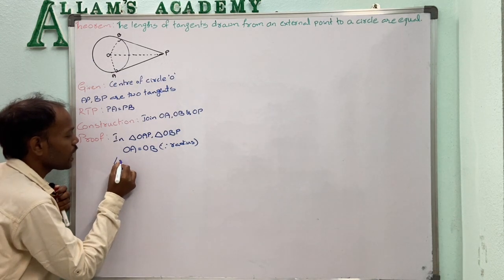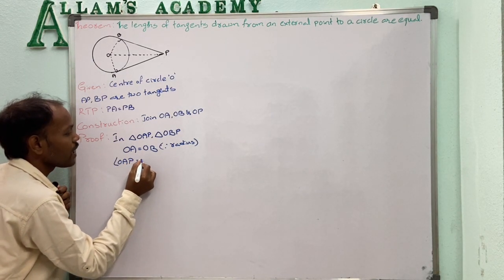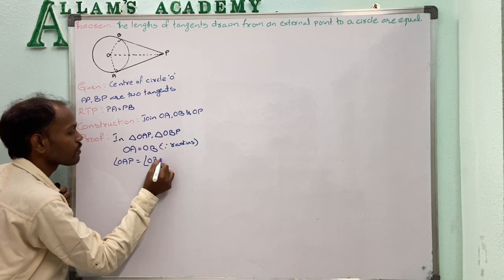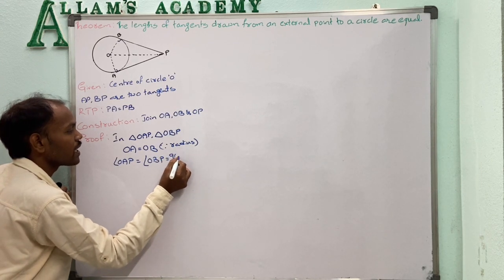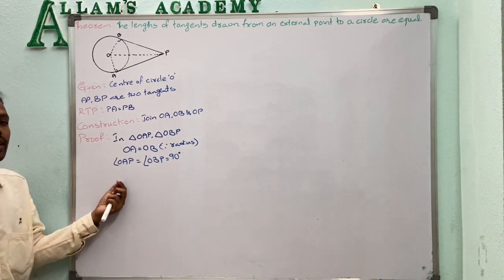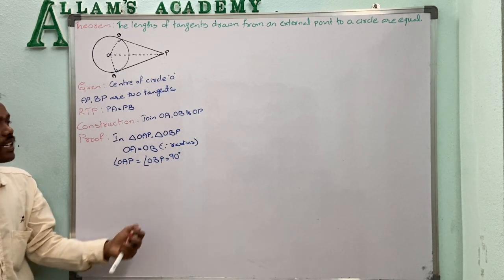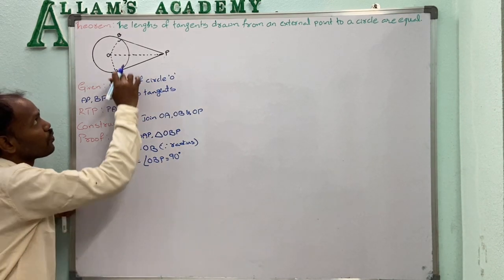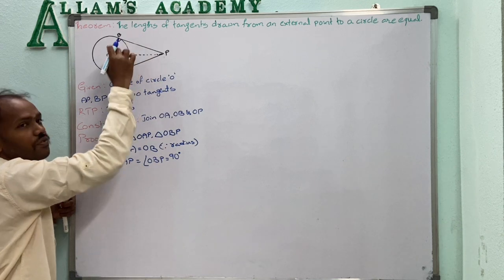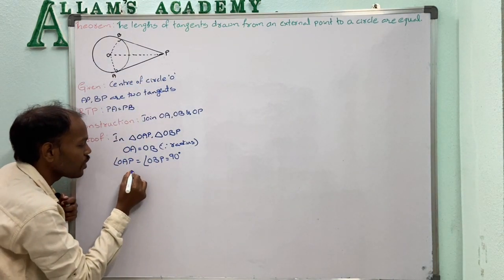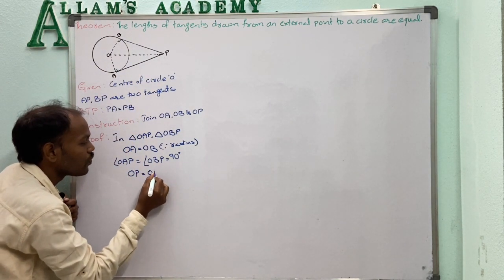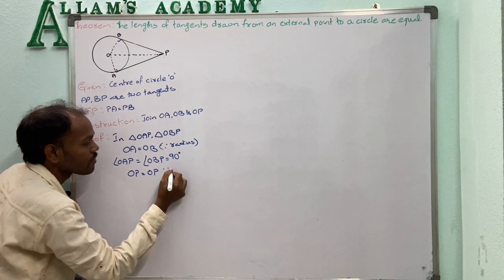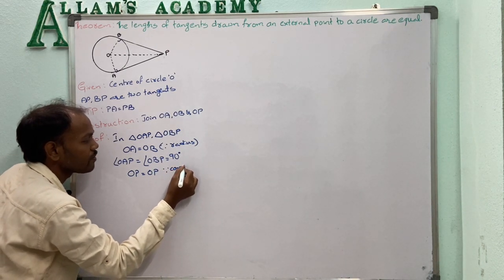Angle OAP equals angle OBP equals 90 degrees. Next, OP is the common side for these two triangles, OP equals OP.